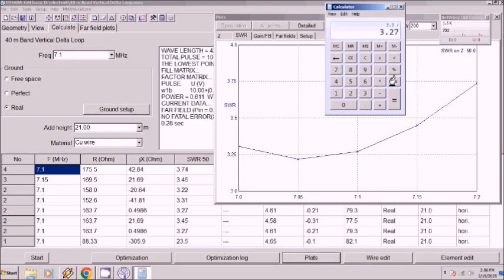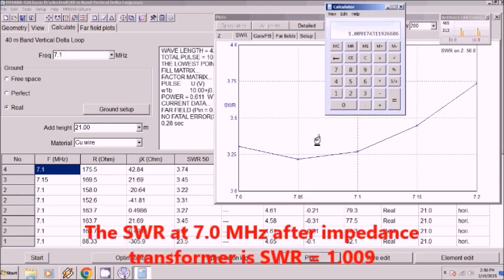The result is 1.009. Still very close to SWR 1 at the joint between the impedance transformer and the coaxial cable.